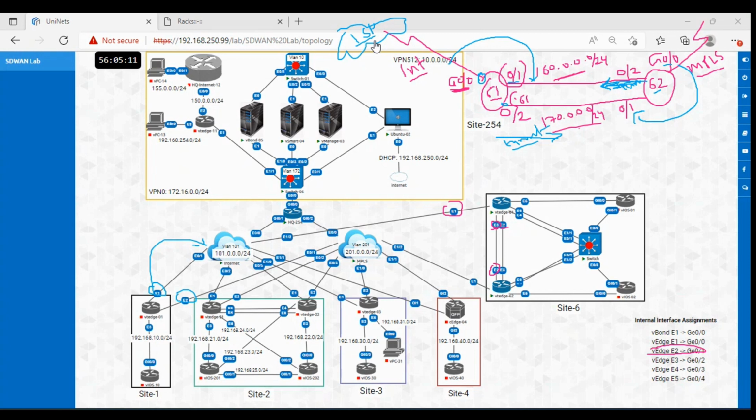Okay, so this ISP is connected to 61, and we are extending this 0 by 0 to 0 by 1. And now this interface will be acting as an ISP for 62. That's why we will be configuring tunnel on 0 by 2. And similarly, we have extended 0 by 0 to 0 by 1, and this 0 by 1 of 62 is acting as an ISP for 61. And that's why we configure tunnel on this link.